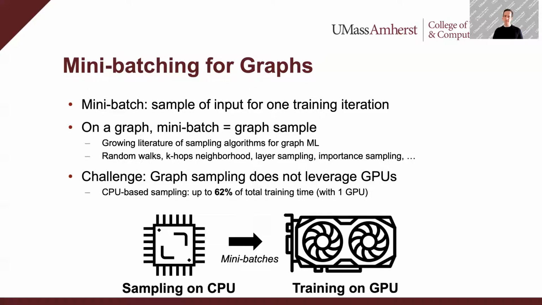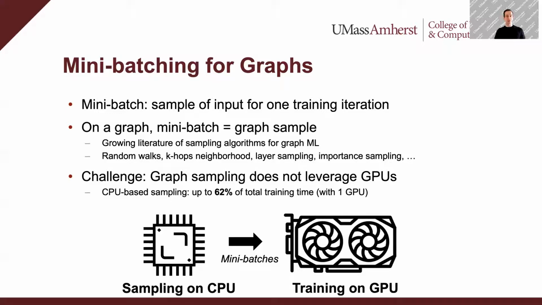But in graphs, it's different because as an input, you get one single graph, and now you need to extract mini-batches from it. The way you do that is by sampling the graph, for example, sampling the k-hop neighborhood of a subset of the vertices. There is a growing literature on how to perform this sampling, with different algorithms with different properties.